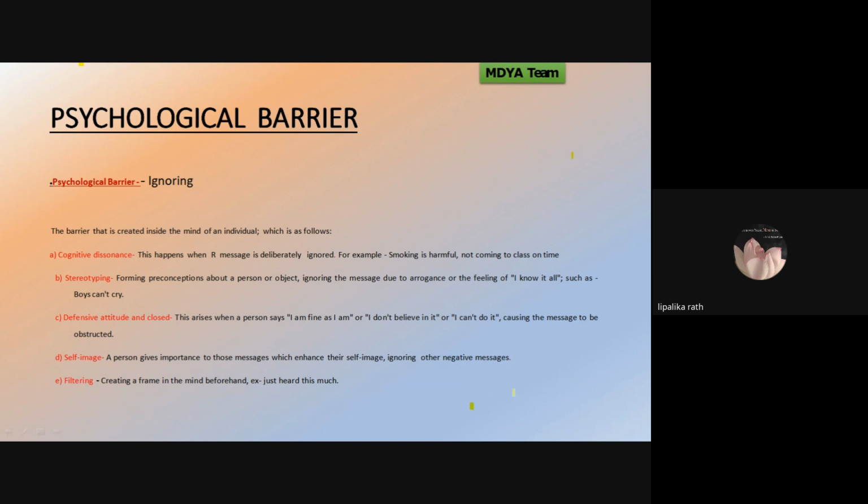Even shy people, feeling shyness. Some people will shy to talk also. That is also psychology, their personality. This is also psychological.